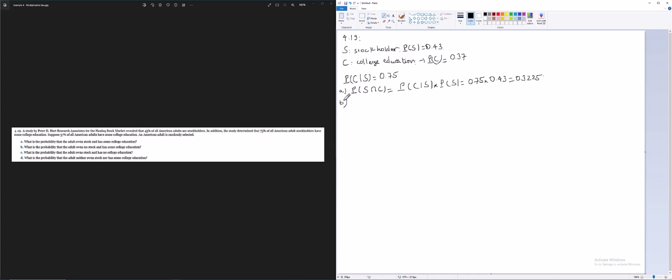And in part B, we want to find the probability that the person chosen at random does not have stock. So here, let's look at the complement of the S event, which is stockholder. So S prime means the event of somebody not having stock.